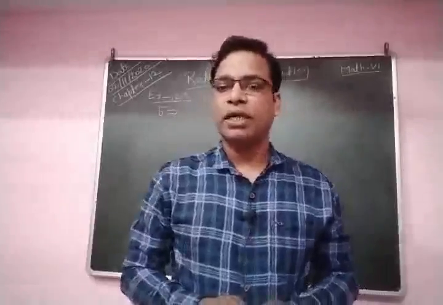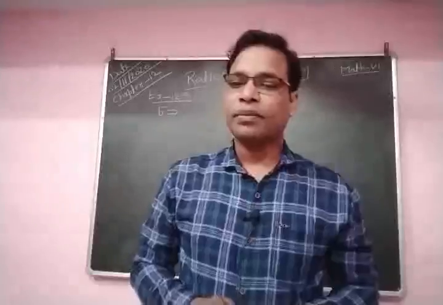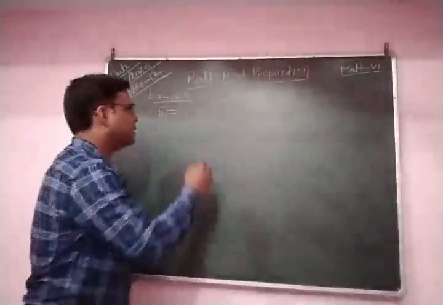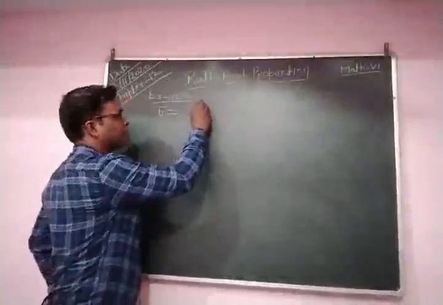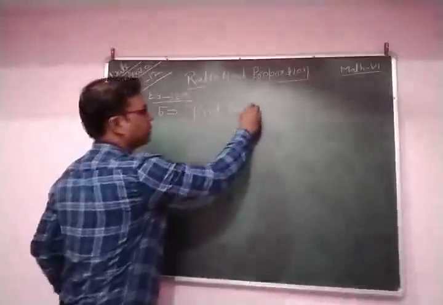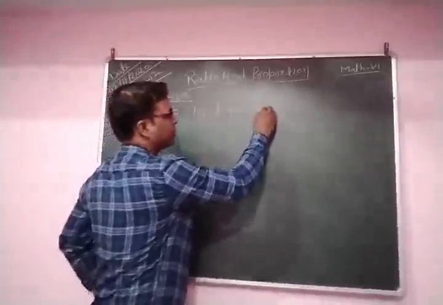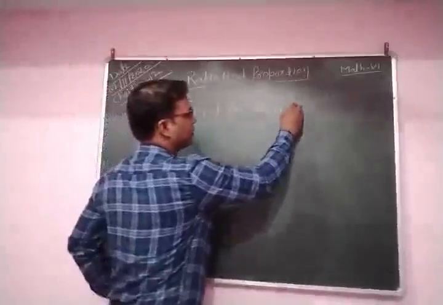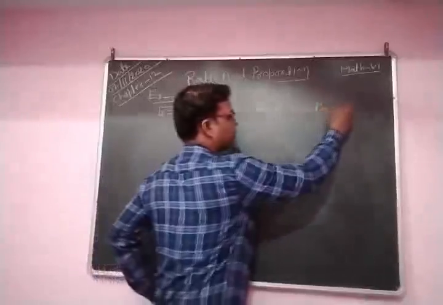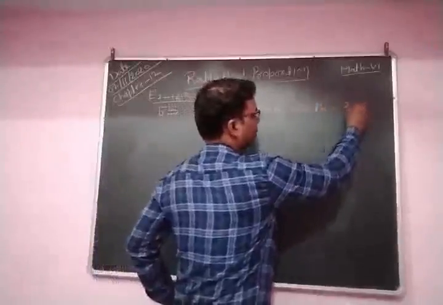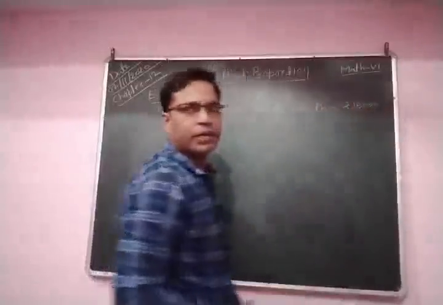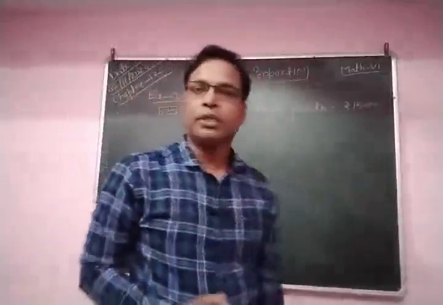First we write: Sanya pays rent for 3 months. Rent for 3 months is equal to 15,000 rupees.